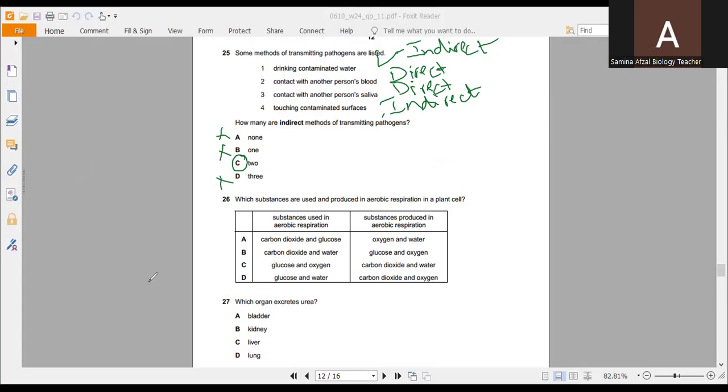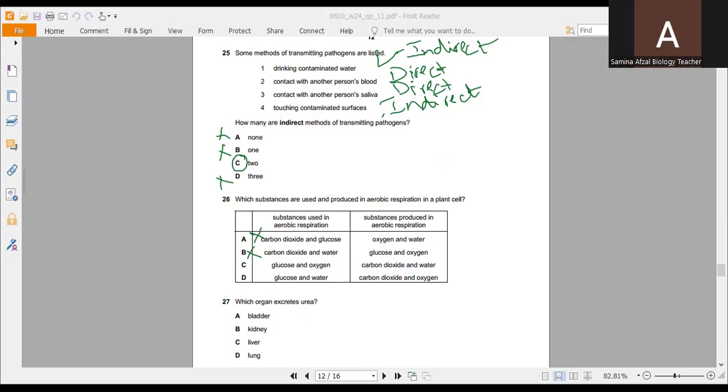Which substances are used and produced in aerobic respiration in a plant cell? Aerobic respiration takes place in the presence of oxygen. So substance used in aerobic respiration are carbon dioxide? No, carbon dioxide is released as a result of respiration. So A and B are not the correct options.